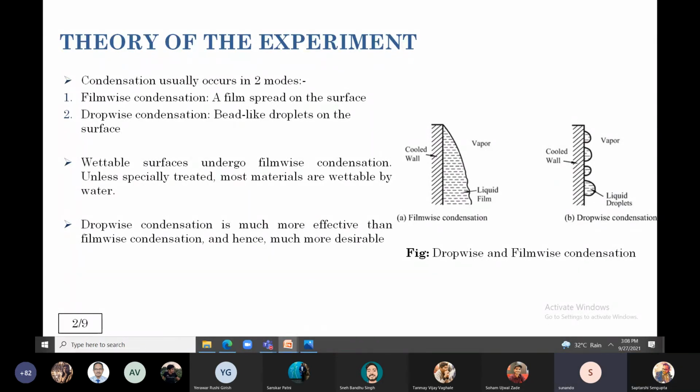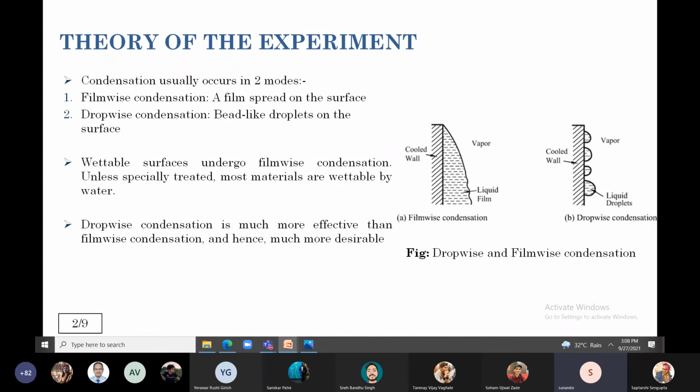If you look at the left side figure, the heat has to pass through the film. It's condensation, so it's the other way around: the energy released at the vapor-liquid interface has to travel through the liquid, reach the cooled wall, and so on.